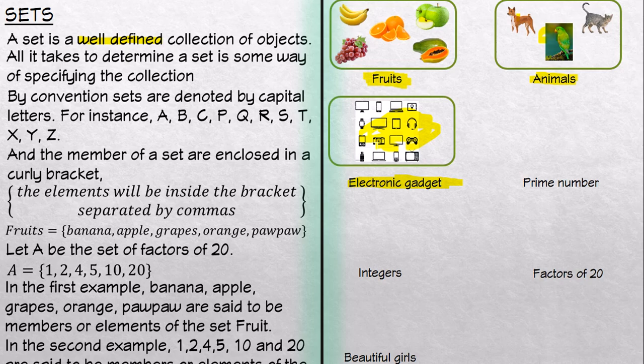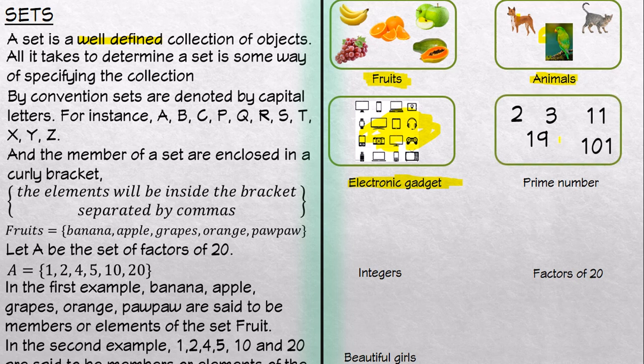But in mathematics, usually we are interested in numbers. So let us look at an example of a set that involves numbers. We can talk of the set of prime numbers. Prime numbers are numbers with just two factors, that is 1 and themselves. An example of that will be the number 2.